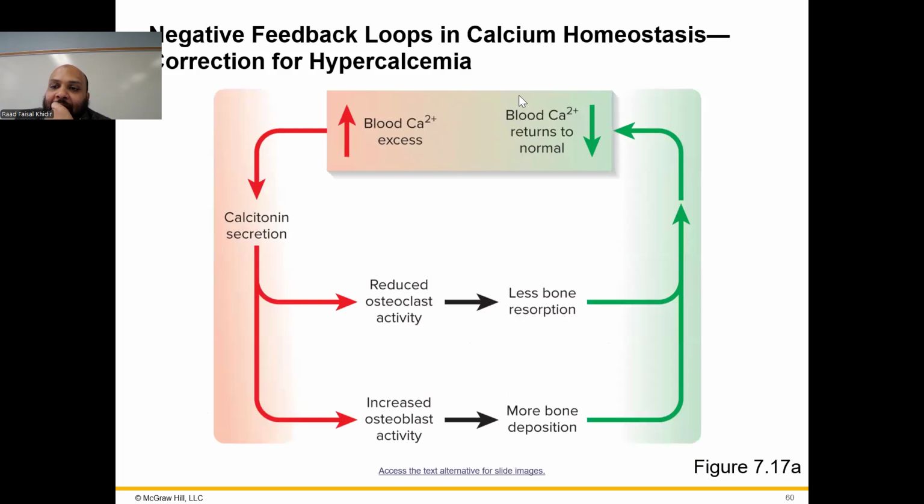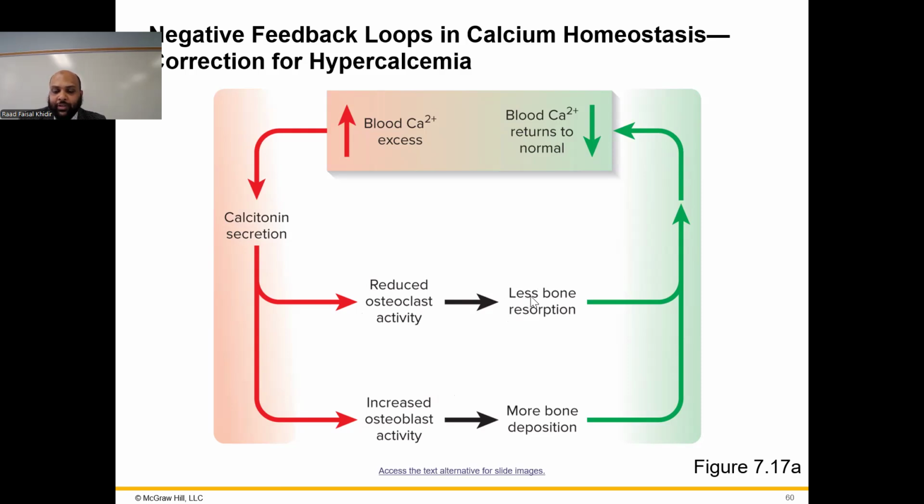The negative feedback loops in calcium homeostasis, that shows the correction for hypercalcemia. So you need to know this loop, that when there's too much calcium, we secrete calcitonin, and that's going to work by reducing osteoclast activity and improving osteoblast activity.